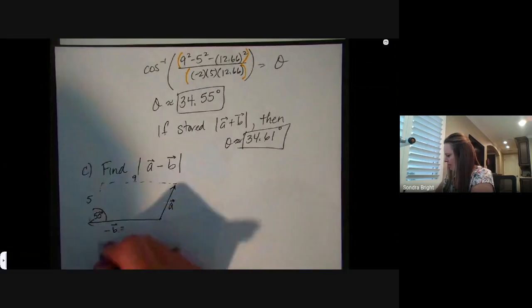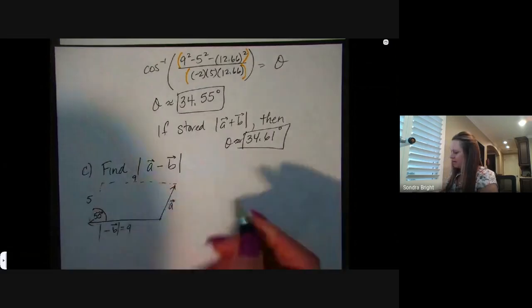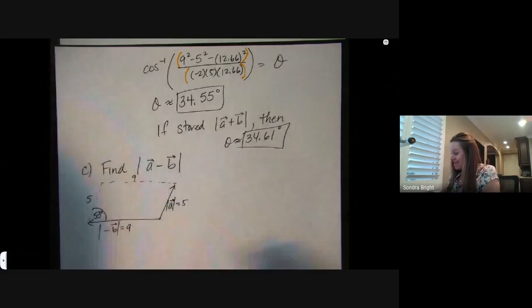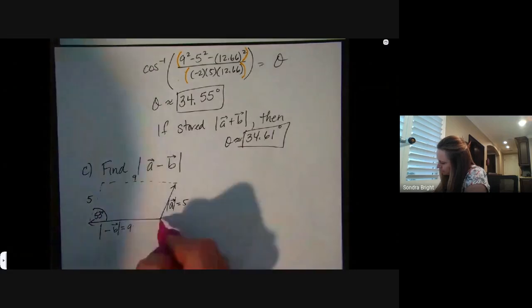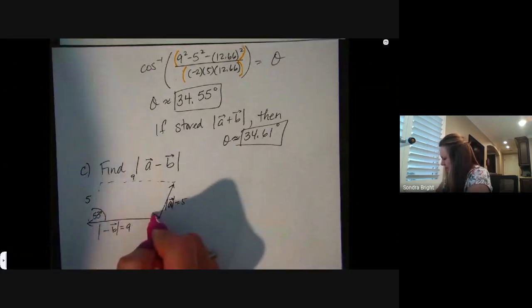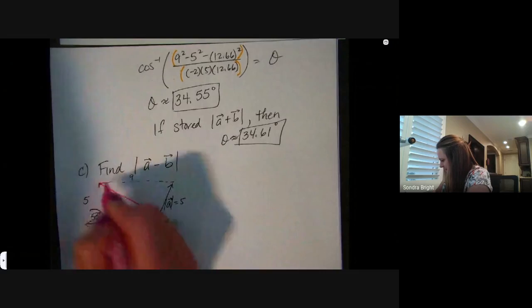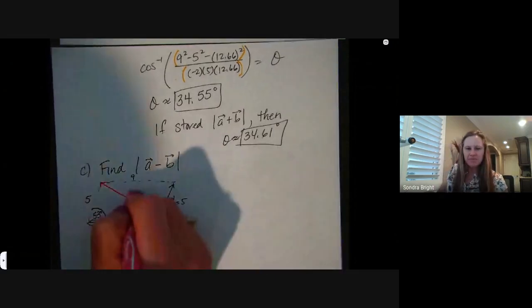Magnitude of that is 5. And we want A minus B, which is from their tails to the opposite diagonal. This is A minus B. And we want the magnitude of that.